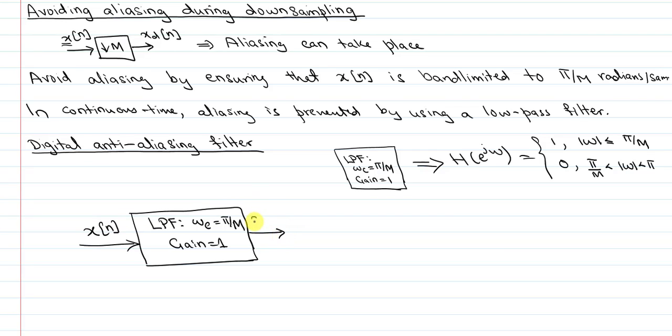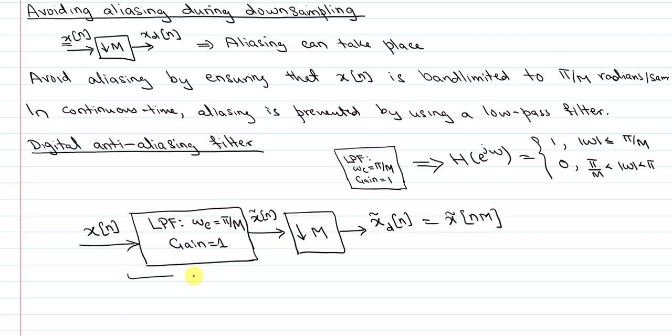The output of that filter will be x tilde[n], and then we can downsample by a factor of M to get x tilde_d[n], which is basically x tilde[nM]. Okay, so in the world of digital signal processing, this whole block is sometimes referred to as decimation.